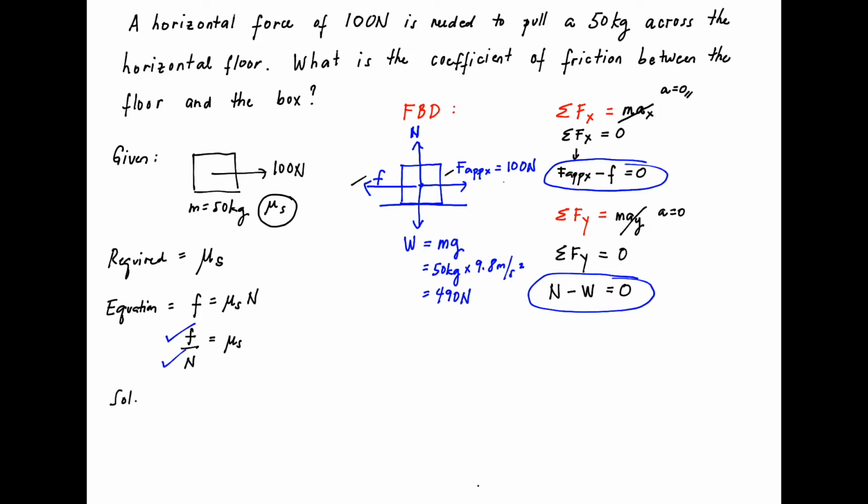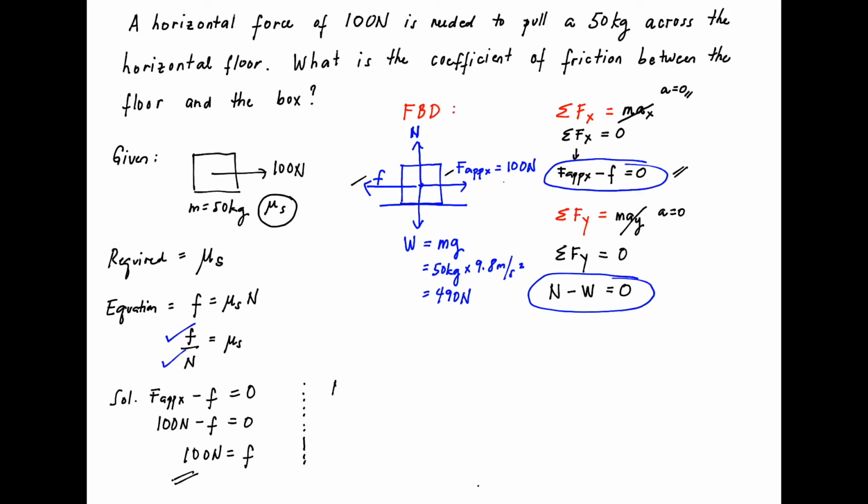So we have Fx minus f equals to 0. That's our first equation coming here. And our Fx is 100 Newton minus f equals to 0. And therefore the force equals to 100 Newton. Next, how about for the other one?